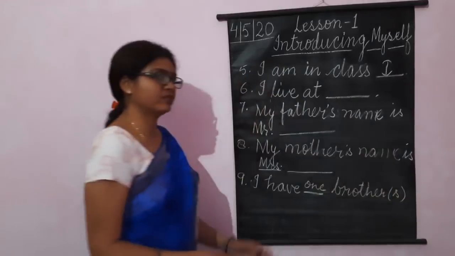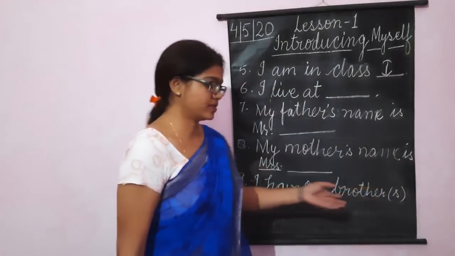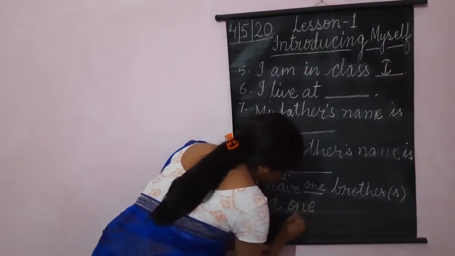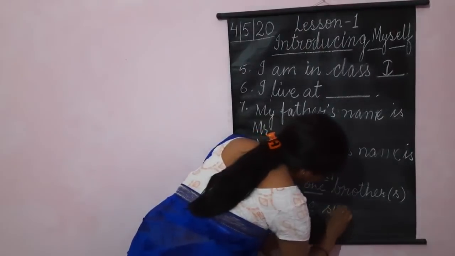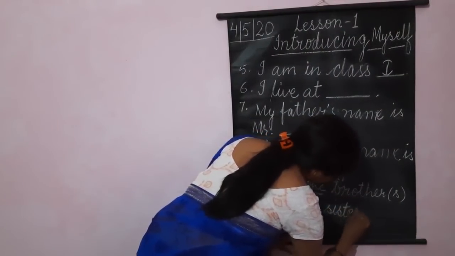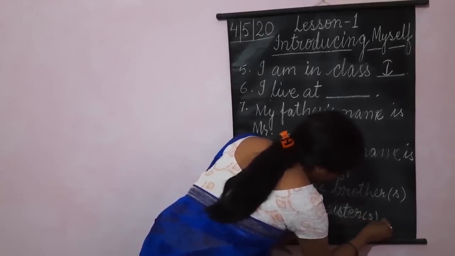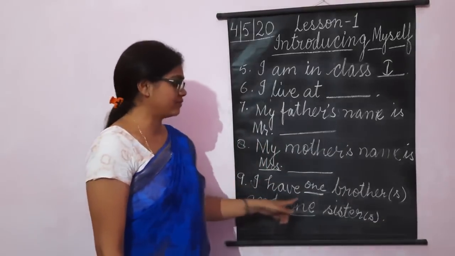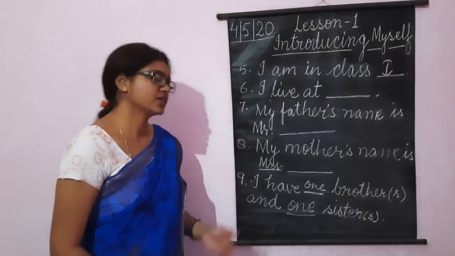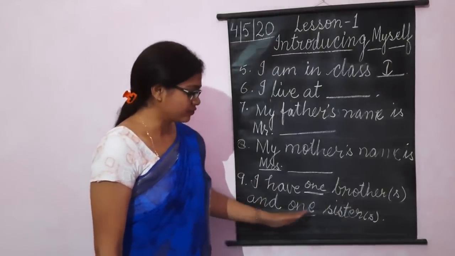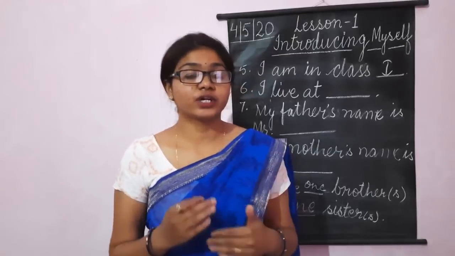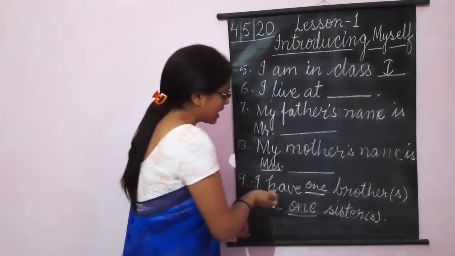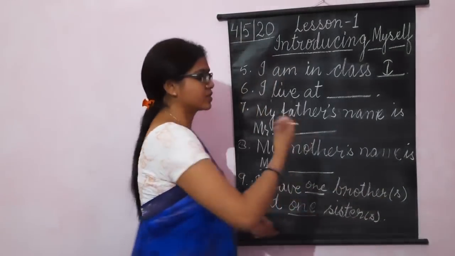If you have two brothers, you write I have two brothers. And one sister. If you have one brother, you write I have one brother. If you have one sister, you write one sister. No problem. If you are thinking I have no brother and no sister, then what will you write here? No problem. You will write I have no brother and no sisters.